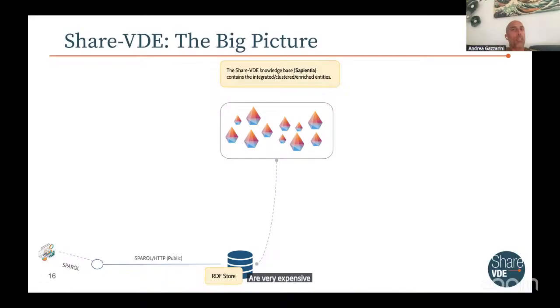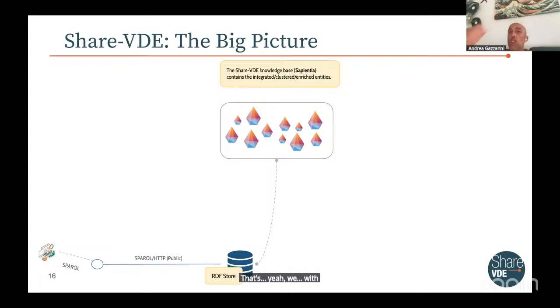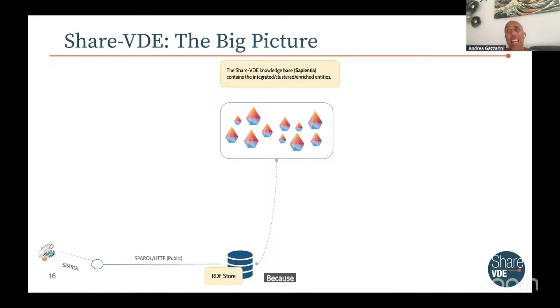The open source scenario is not very good for these kinds of products. And if you want something with high scalability, you have to use commercial products, which sometimes are very, very expensive because we are using a huge amount of data.